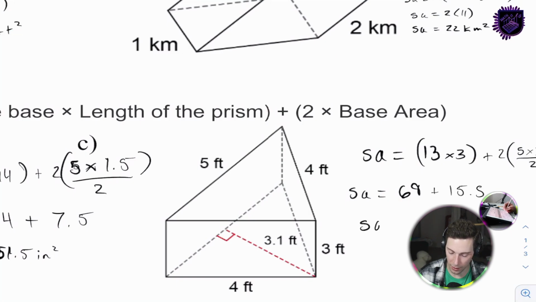So surface area is equal to 84.5 feet squared.